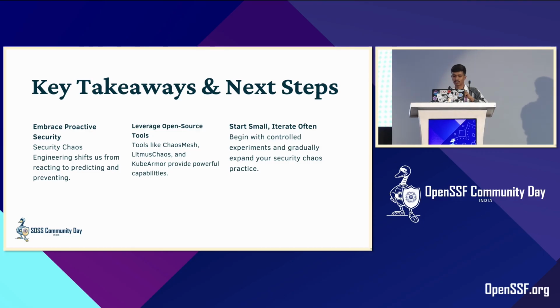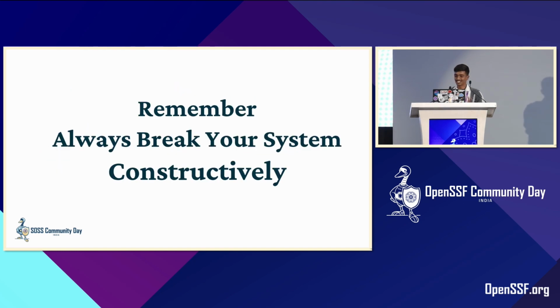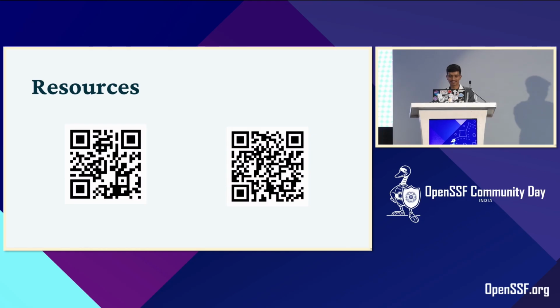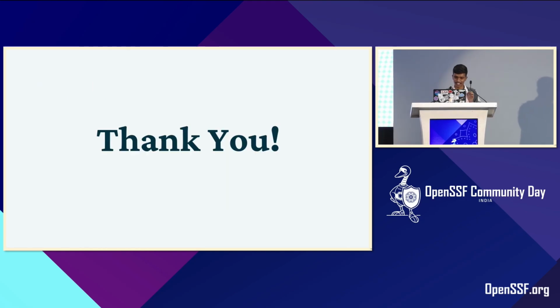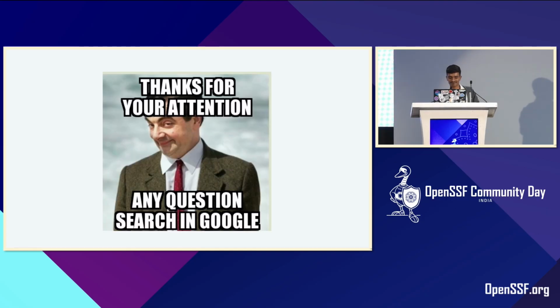One thing I have to mention: if you want to adopt this, start small. Begin with controlled experiments and then gradually expand your chaos engineering practice. Always remember, always break your system constructively. And these are some reviews. Thank you, guys, for your attention. If you have any questions, search on Google.